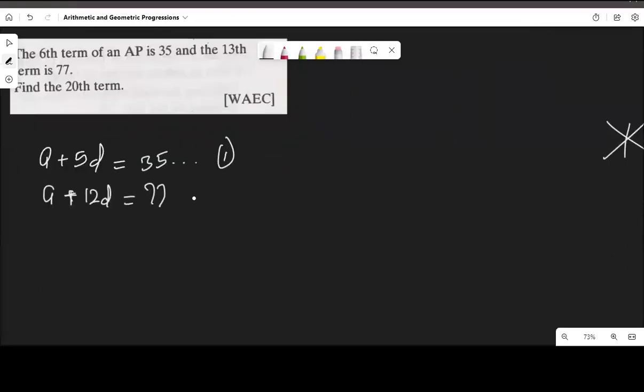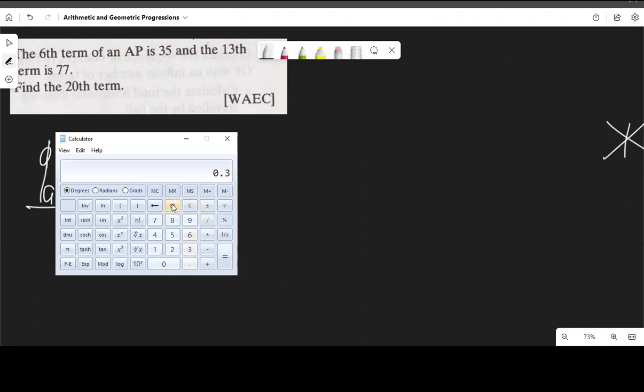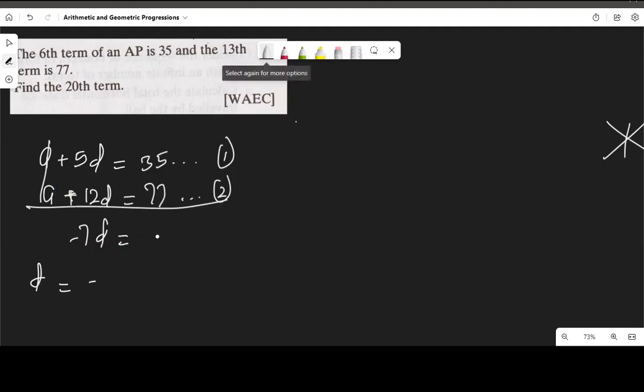Let's call that equation 2. Solving 1 and 2 simultaneously by elimination, A minus A is gone. 5D minus 12D is minus 7D equal to 35 minus 77, which is minus 42. D will be minus 42 over minus 7, which is 6.